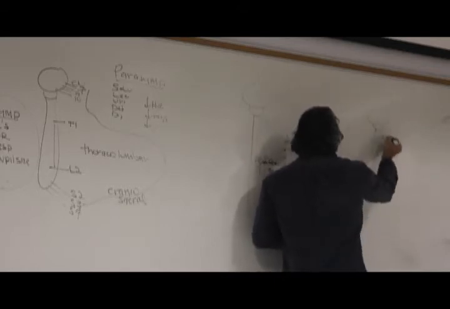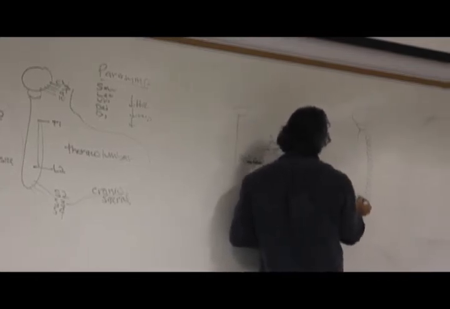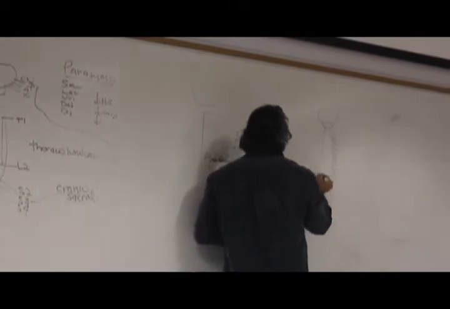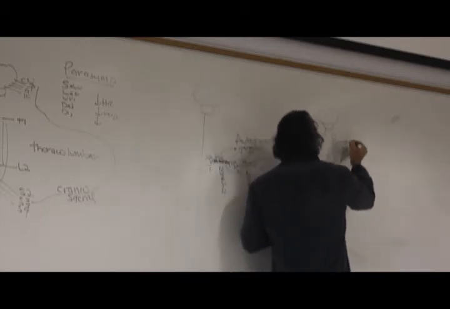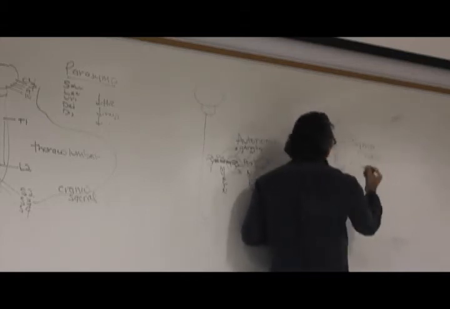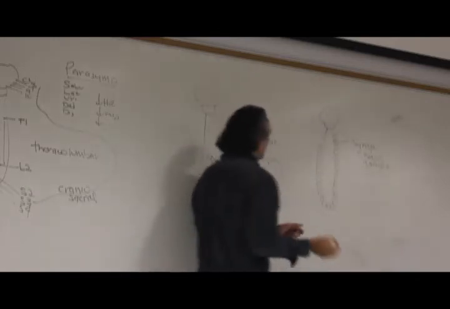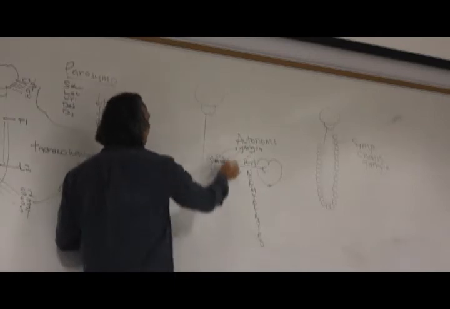I have one set that run right alongside my spinal cord, and they go all the way down to the very bottom, and they sort of loop around and come all the way back up to the other side. Those ganglia are called my sympathetic chain ganglia, because it's like a giant chain necklace. They go on either side of the cord.